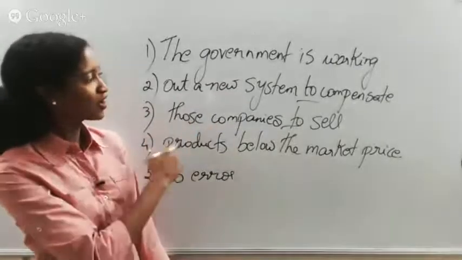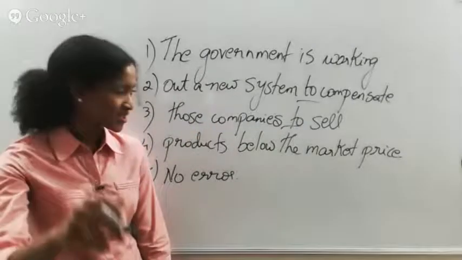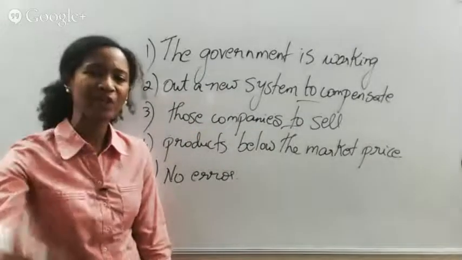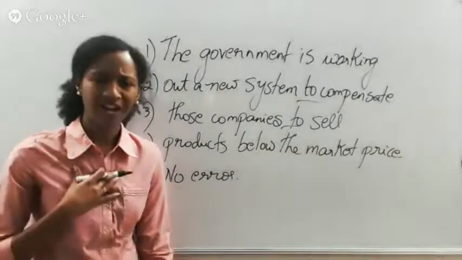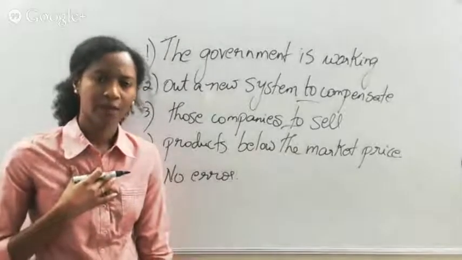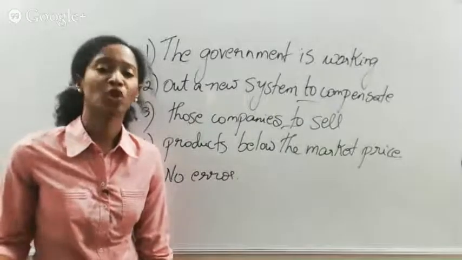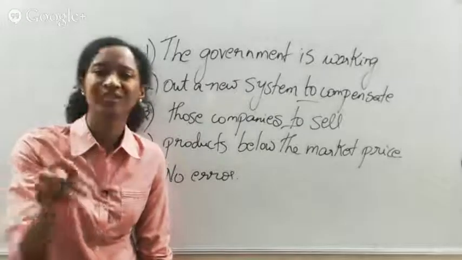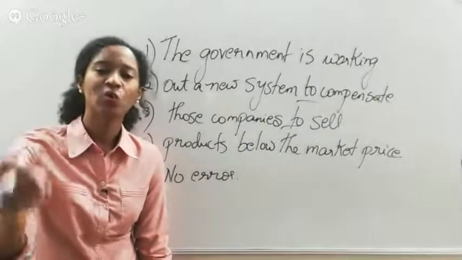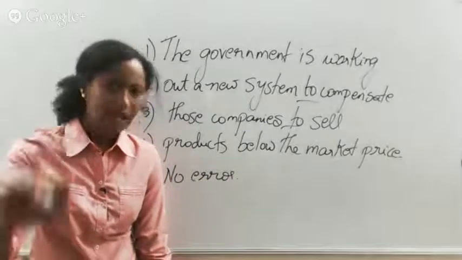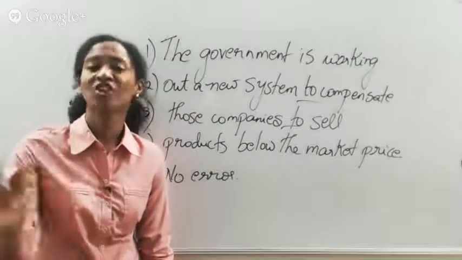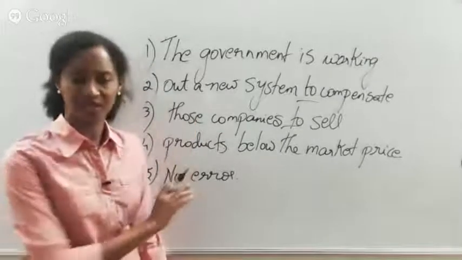The government is working out a new system to compensate those companies to sell products below the market price. If I have a company, and I'm selling a product which is way below MRP, obviously I'm not making any profit, right? So the government is coming up with a scheme saying, boss, I will go ahead and compensate for the profit that you're not getting. So this is the meaning of the sentence.